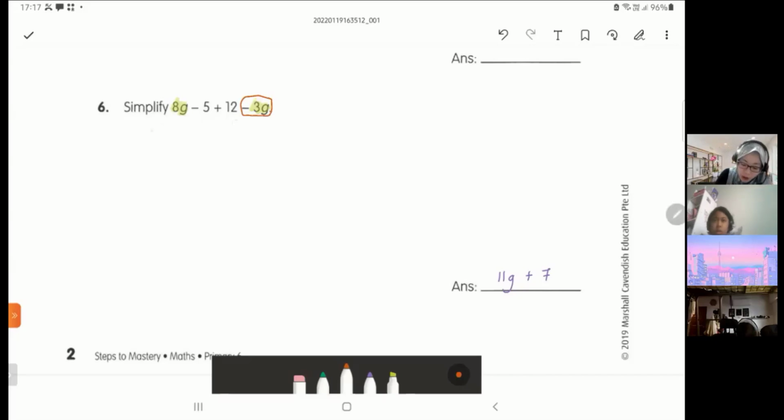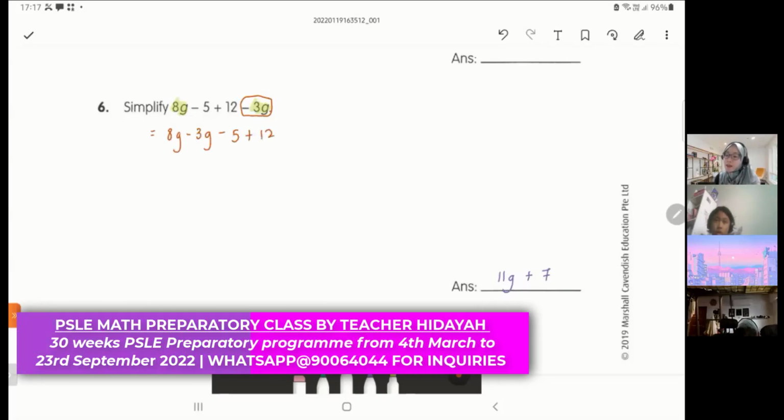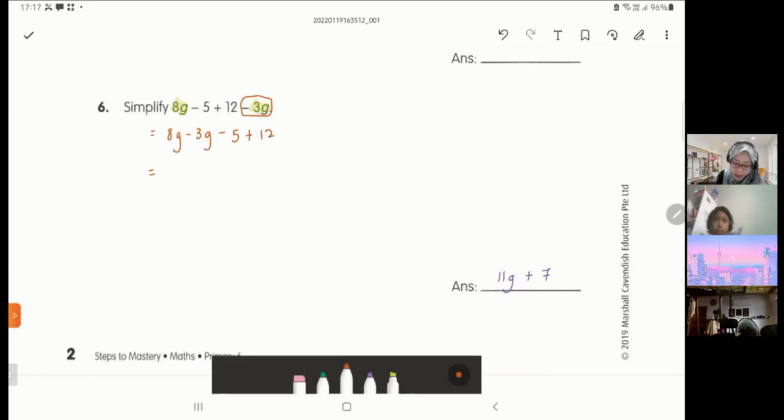Okay, so equals to 8g. I'm going to bring my 3g beside 8g because I'm going to group all the g's to one side. Minus 3g minus 5 plus 12, like this. Okay, so in this case, I know that my 8g minus 3g I can solve, but can I take minus 5 plus 12? Is it possible to do that?